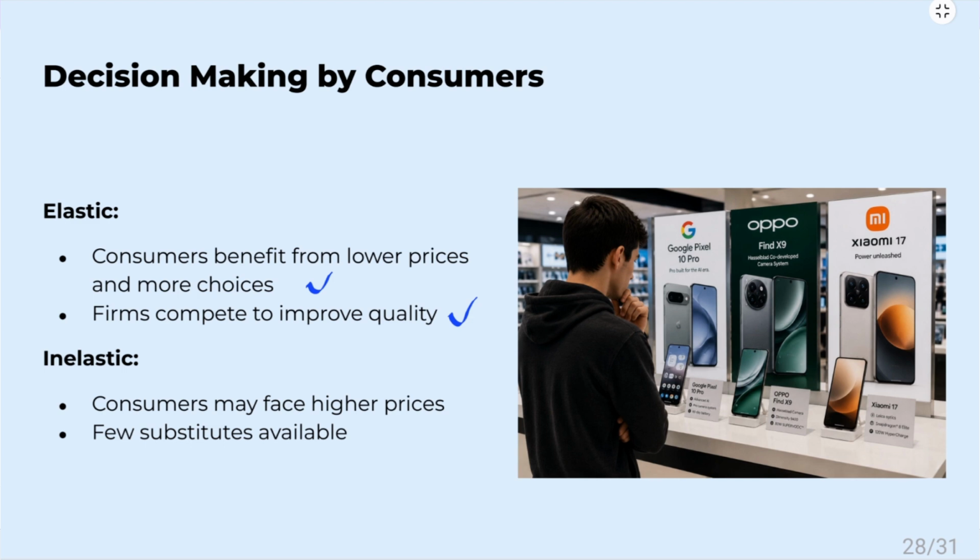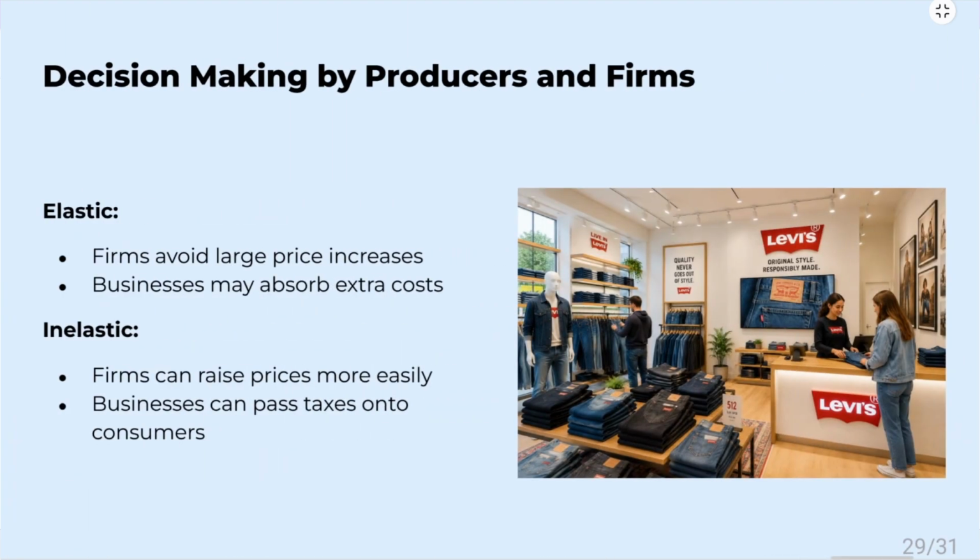However, for inelastic products, consumers may face higher prices because there are fewer substitutes available. For example, patients needing important medicine may still need to purchase it even when prices rise. This means consumers have more power in markets with elastic demand than in markets with inelastic demand.